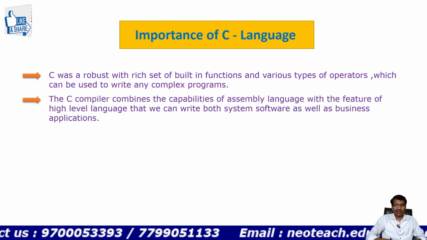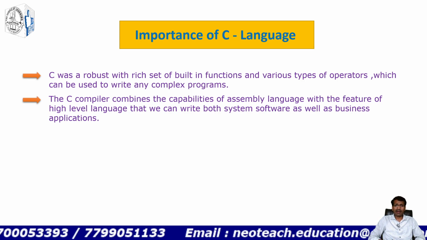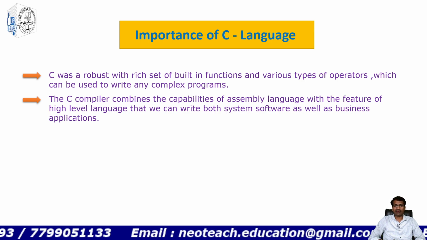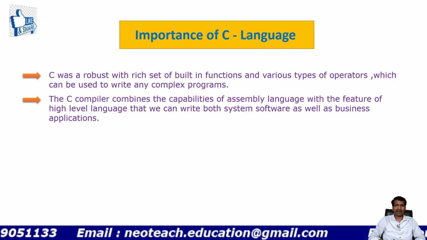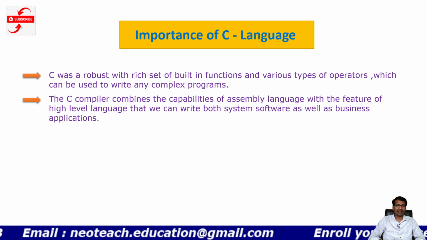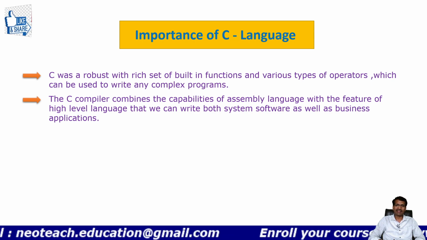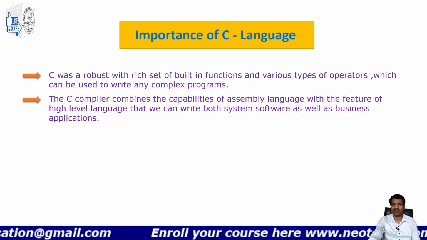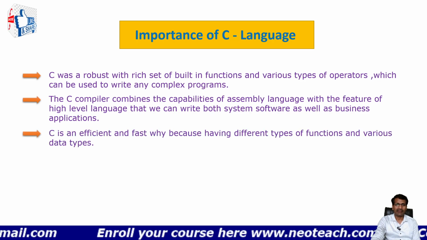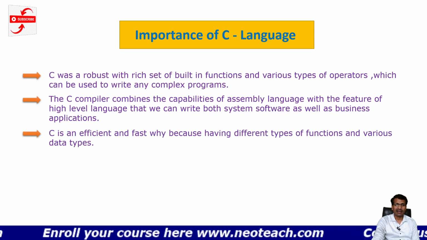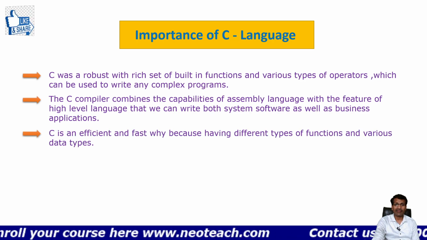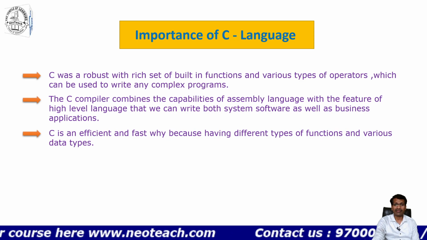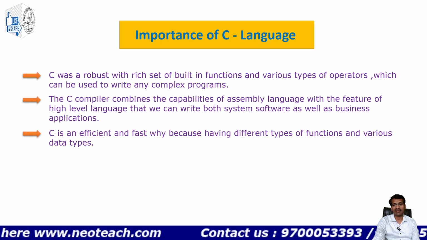The next importance is that the C compiler combines the capabilities of assembly language with the features of a high level language. Thus we can write both system software as well as application software, meaning business applications. We can develop anything. And one more importance is that C is efficient and fast, because it has different types of functions and various data types.